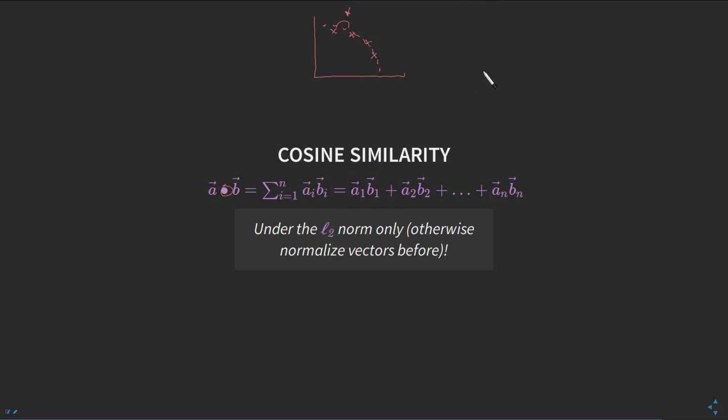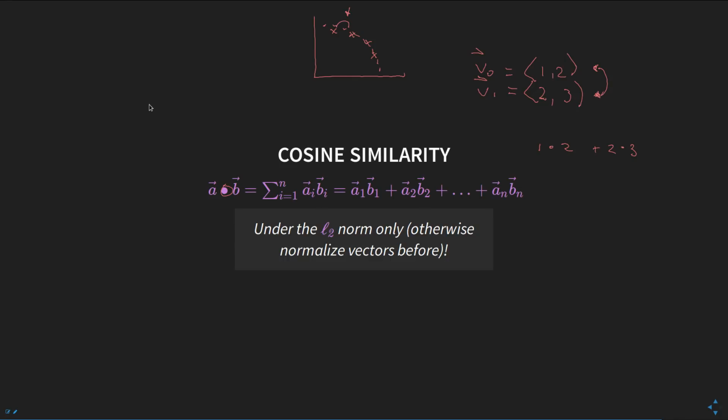So given that we have two vectors, let's say vector 0 and vector 1, to get the dot product we multiply 1 by 2 plus 2 times 3, and this will give us the cosine similarity between these two.